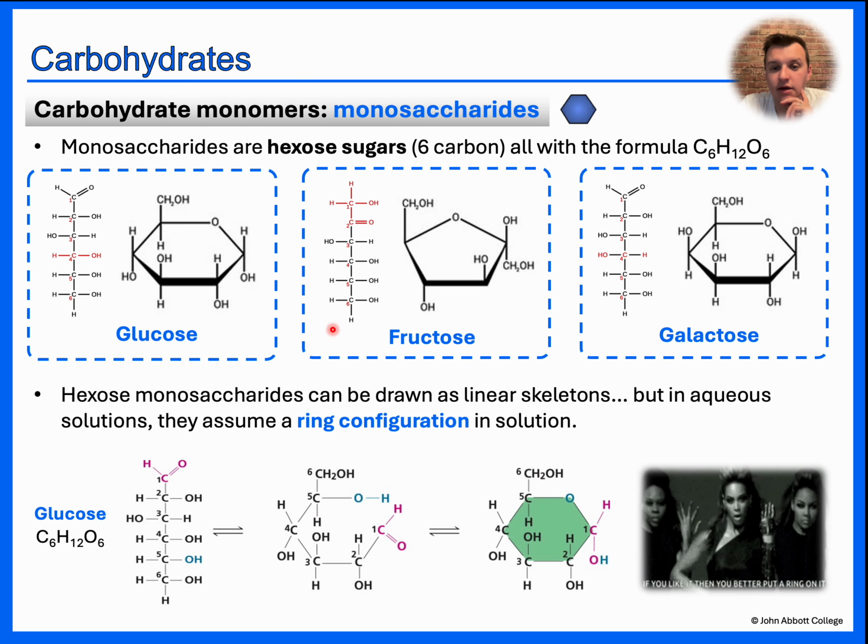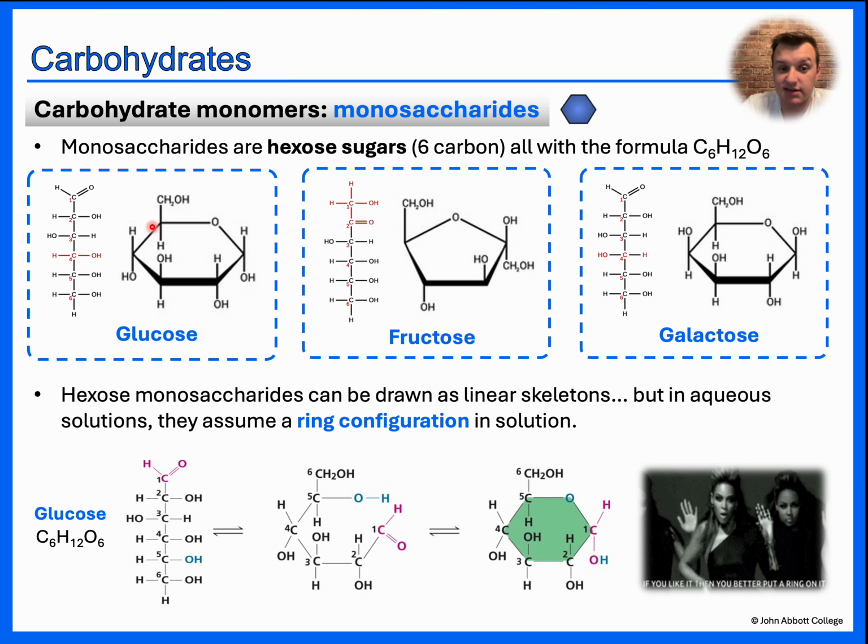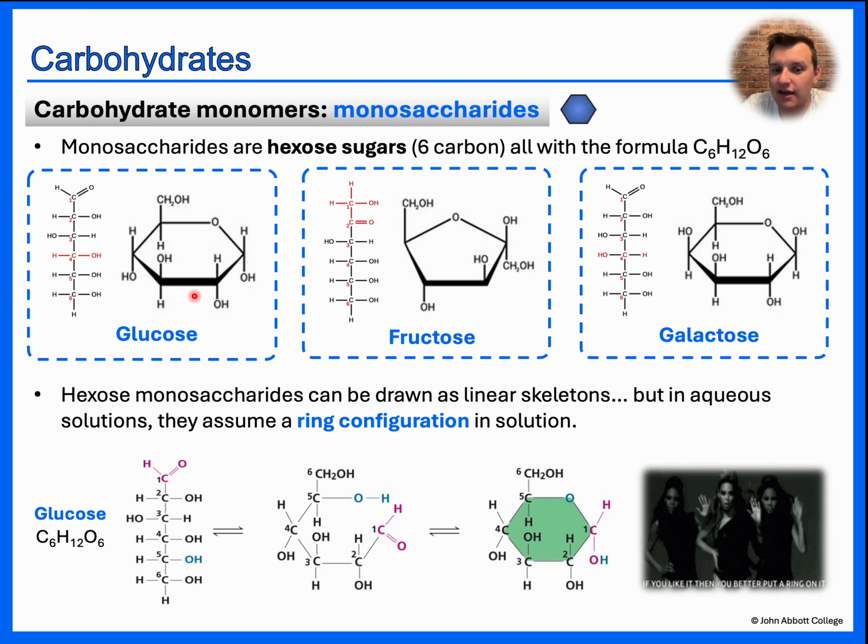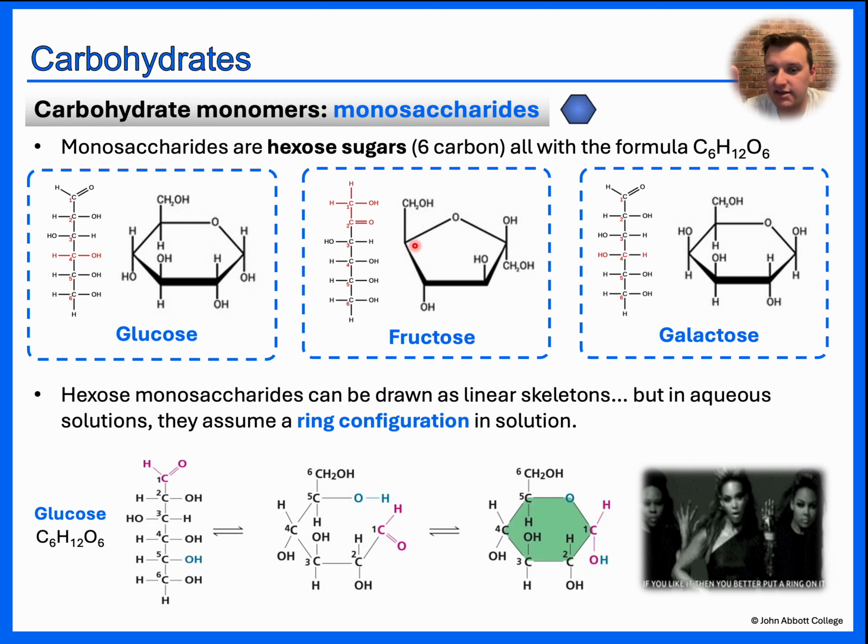Okay, it's a hexose because it's a hexagon, right? And this is a monosaccharide. This is a building block. This is like a red Lego block, let's say. Okay, fructose still has 6 carbons. 1, 2, 3, 4, 5, 6. It has 6, but the arrangement, you'll notice, they arranged it in a different way.